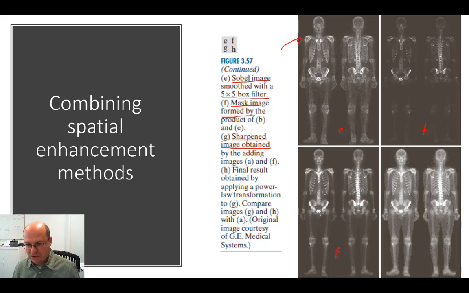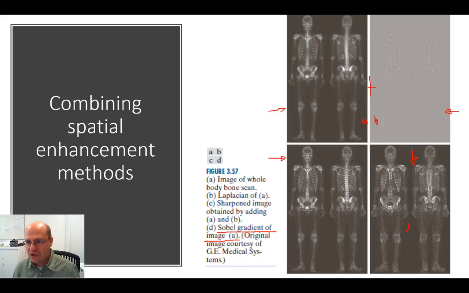And for the final result, we can get this G image here and apply a power law transformation to get a pretty clear enhanced version of your original image.